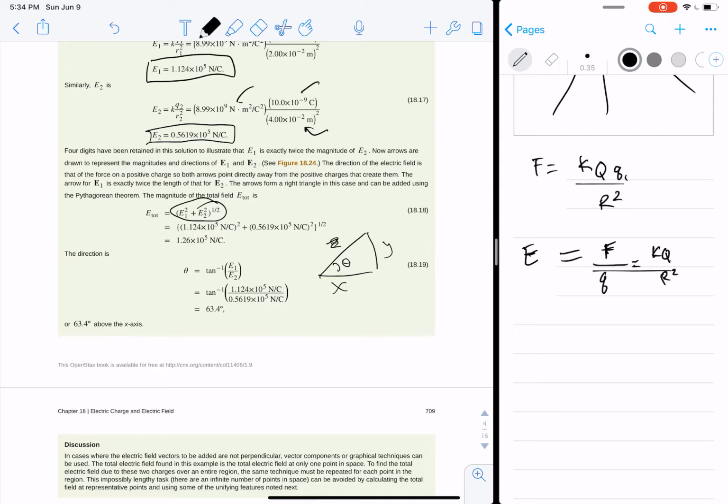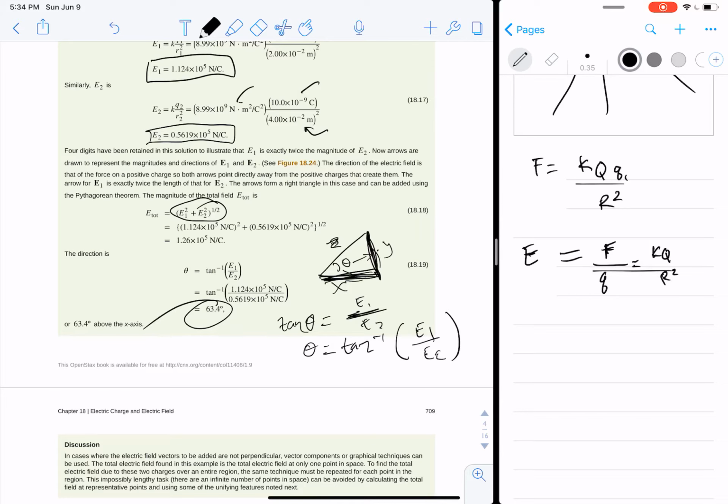In this case, since we know E1 and E2, the x and y, we can relate them as the opposite over the adjacent side. The tangent of theta is the opposite side, E1, over E2. To find the angle theta, we take the inverse tangent of E1 over E2, and that gives us the angle, which is 63.4 degrees.